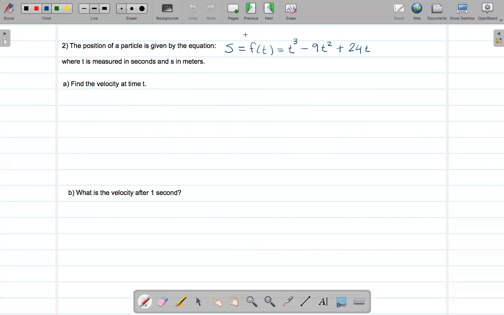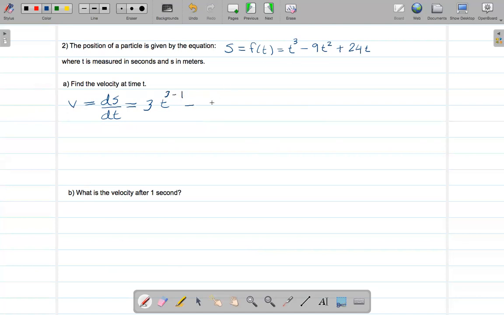So we just need to take the derivative of this function. We can find the velocity when we take the derivative of s in terms of t. The reason I have t here is, again, this function is in terms of t, right? When I take the derivative of t cubed, 3 comes down, and the new power of t is 3 minus 1.